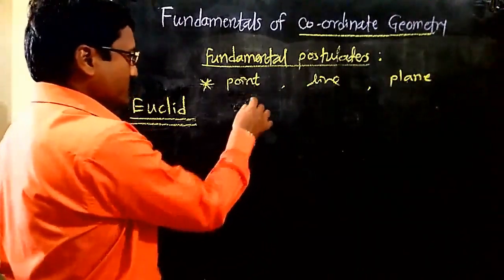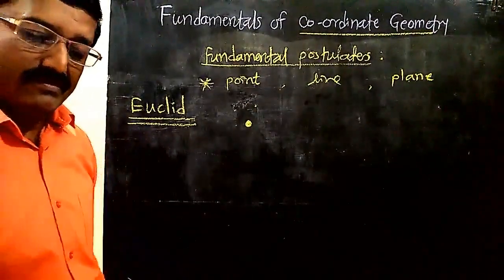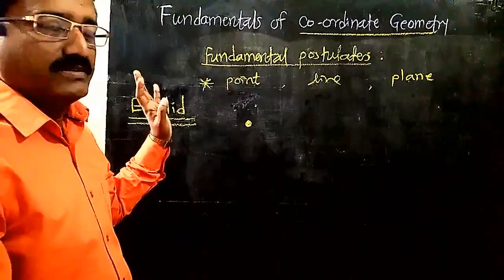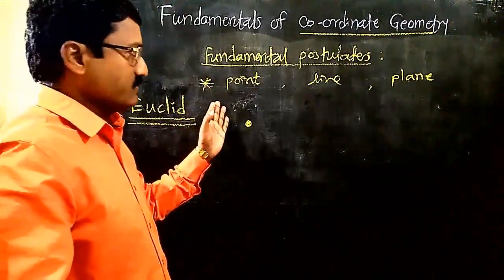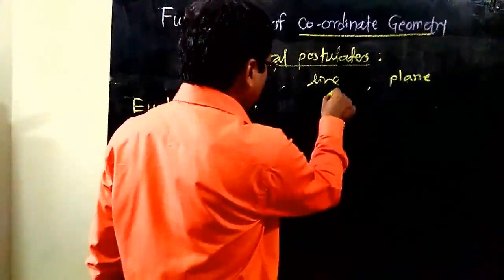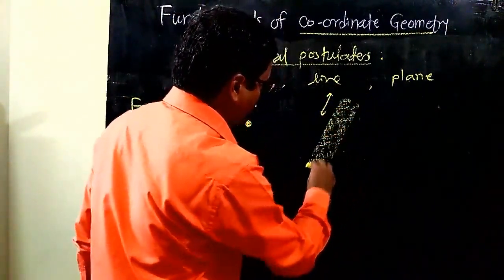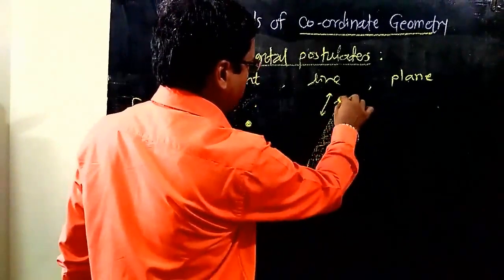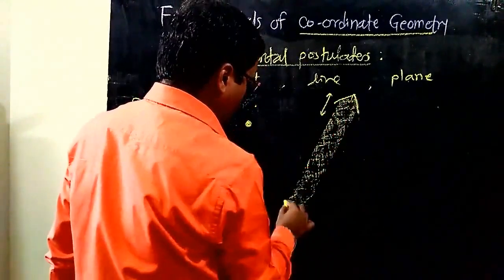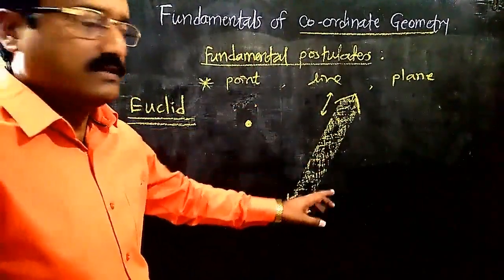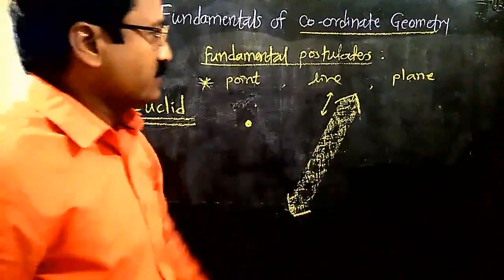Even though these do not look the same, still we can call these two geometrical figures points. These are considerations. Line, you can call this a line, or you can call this also a line. Even though these do not look the same, still you can call this a line. So this is nothing but a consideration.